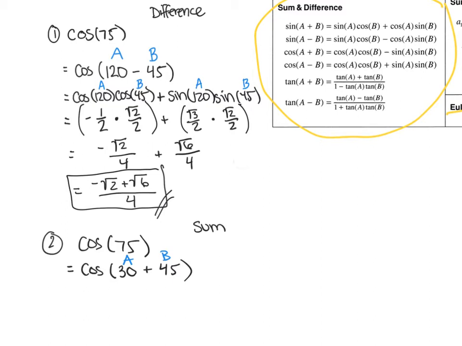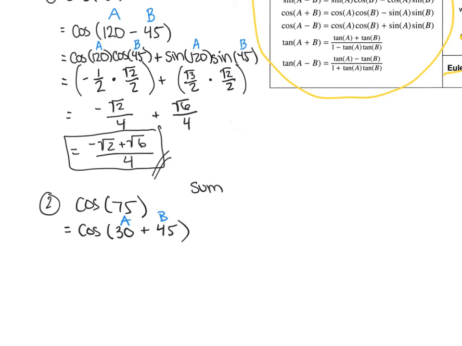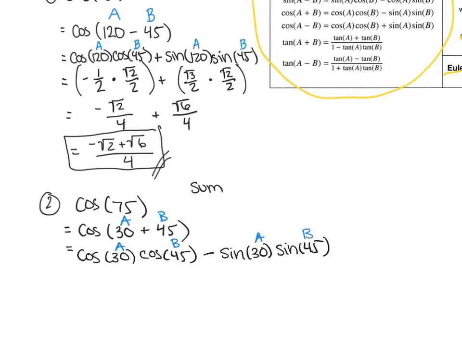So if we take a look at our cosine sum identity, this is going to be cosine of 30 degrees times cosine of 45 degrees minus sine of 30 degrees times sine of 45 degrees. So for our cosine sum identity, we have cosine of A times cosine of B minus sine of A times sine of B, with those specific angles there.